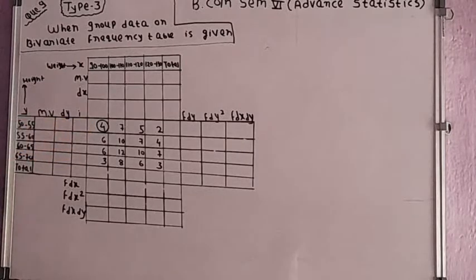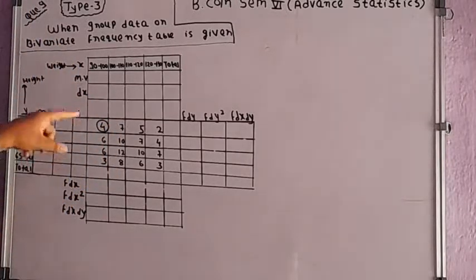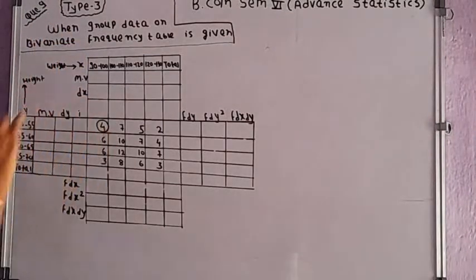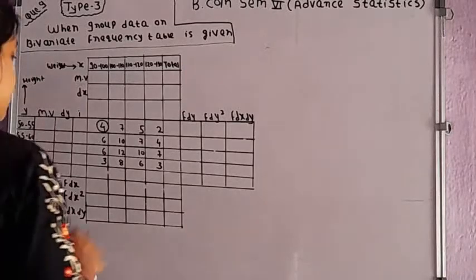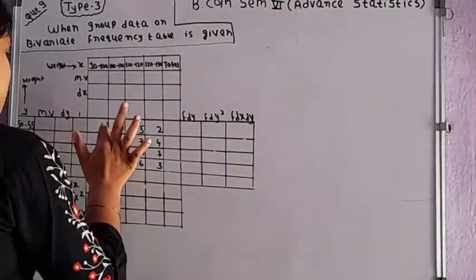So this 4 is representing weight as well as height. This frequency is representing two characteristics, which is why when the data is given in this form, it's known as a bivariate frequency distribution table. I hope you have understood the concept of group data and the bivariate frequency distribution table as well.